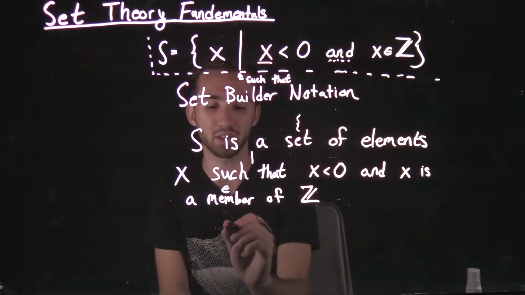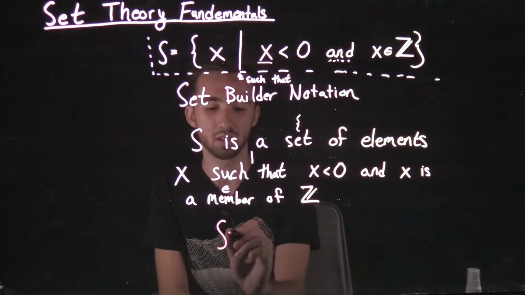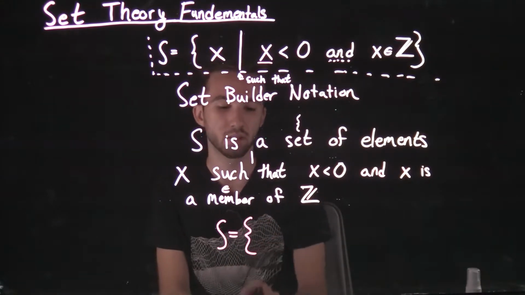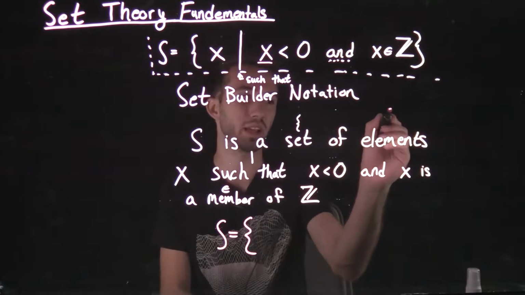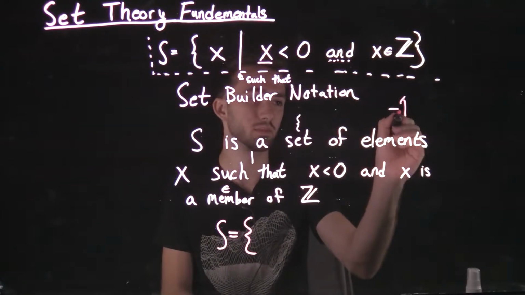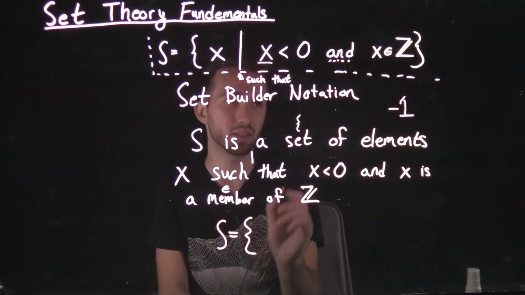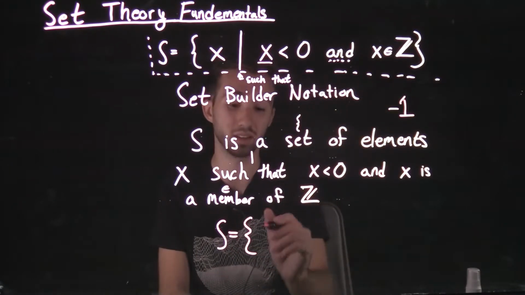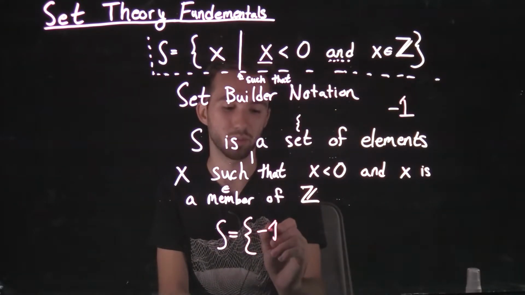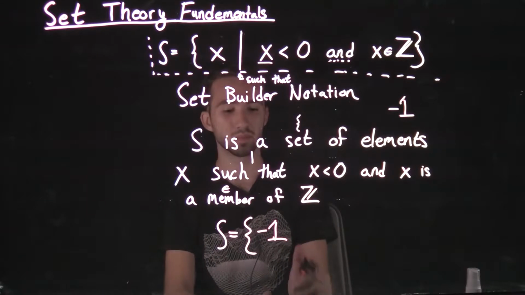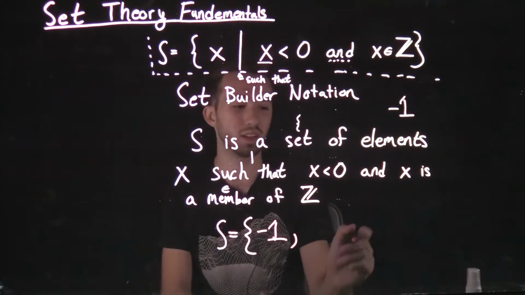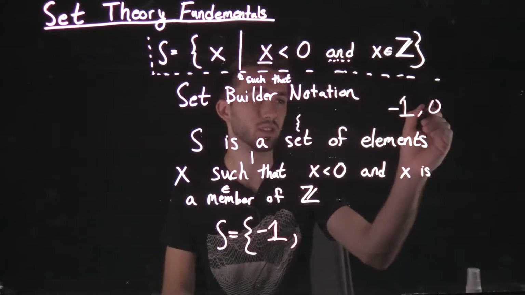So let's start writing out things that would be inside of S. Well, -1. -1, that's less than 0, and that's an integer. So -1 is in. Is 0 less than 0?